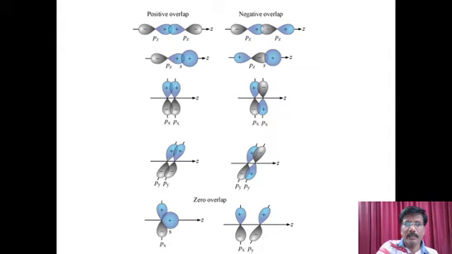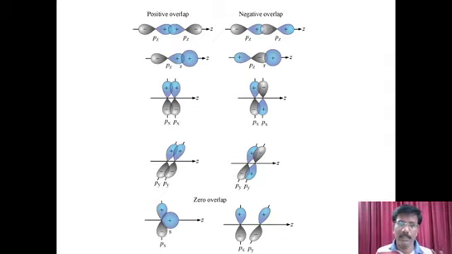Similarly, s orbital and p orbital. Again, plus plus gives bonding, whereas if you take minus plus interaction, that is not bonding. That is negative bonding or anti-bonding. These first two examples are sigma bonds. The third and fourth ones are nothing but pi bonds. In pi bonding, overlapping is sideways.